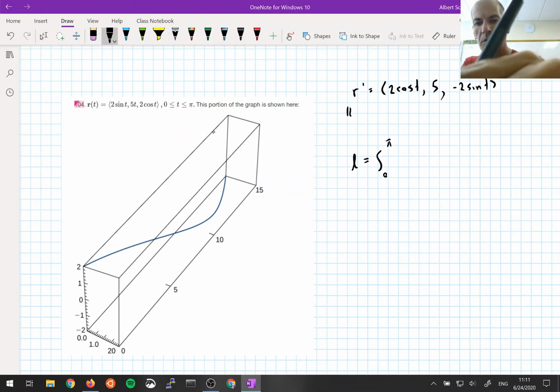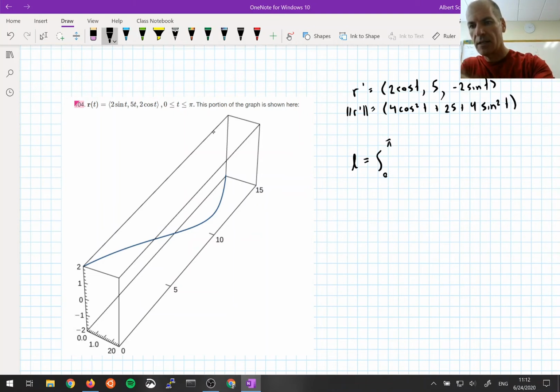And then we need to compute the magnitude of r prime. That's going to be the square root of the sum of the squares. So 4 cosine squared t plus 25 plus 4 sine squared t.